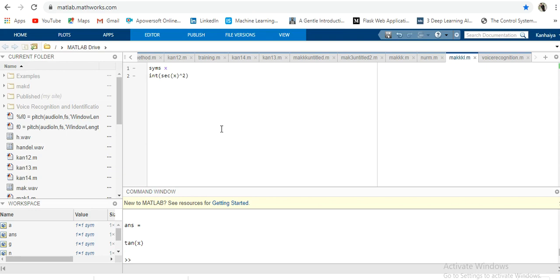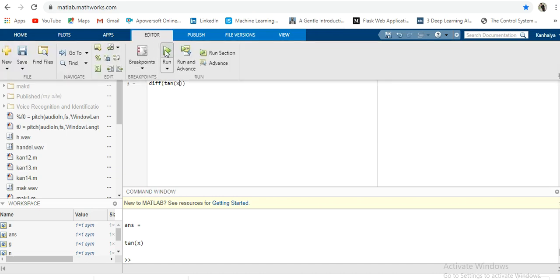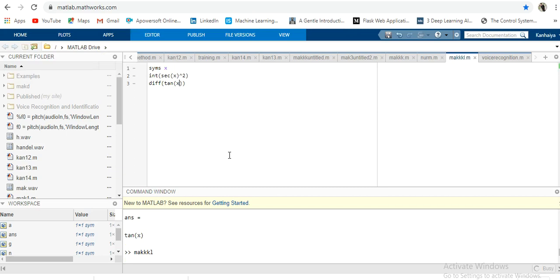Now if we differentiate tan x, then it should give sec x square. Let's differentiate tan x and see what it is giving. It should give sec x square. Let's see if it is giving it or not. It will give, but we are curious.